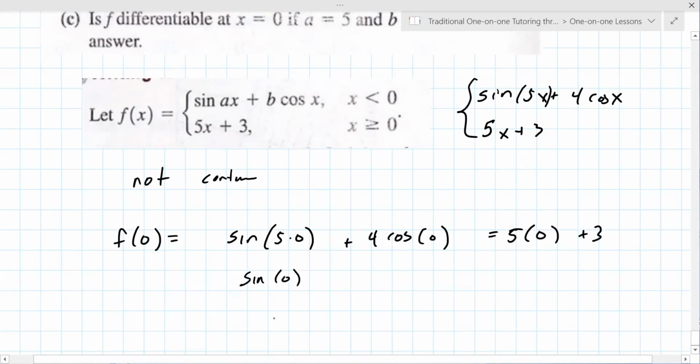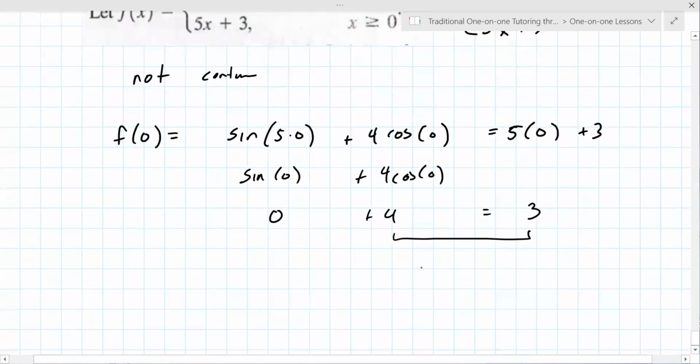This is sine of 0, which is 0. This is 4 cosine 0, which is 4. And this is 3. So these aren't even the same. So it's not continuous. For something to be differentiable, it has to first be continuous.